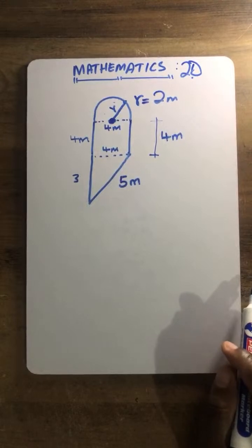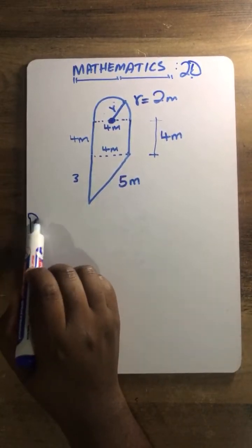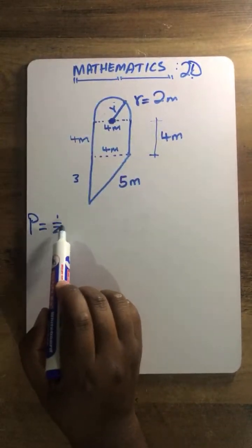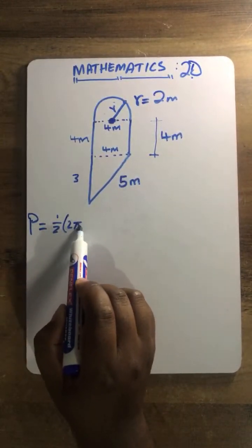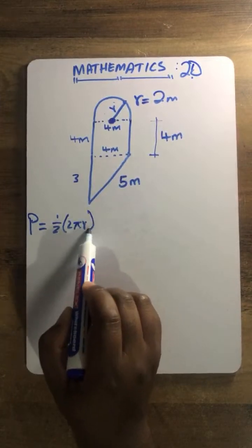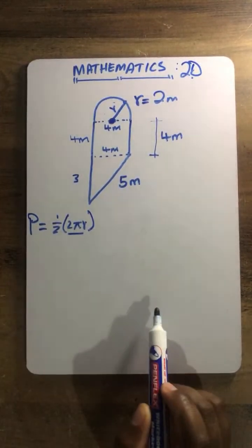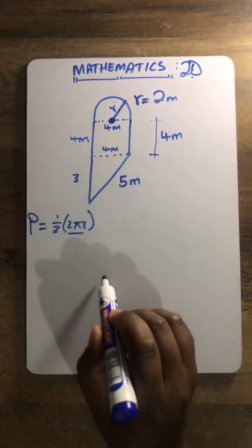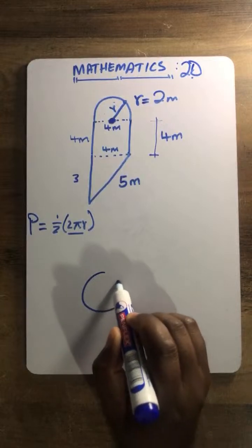I think now we are ready to go, honorable members, because when it comes to the perimeter, we know that we have half perimeter there. This is the formula for not necessarily the perimeter, but the circumference of a circle.